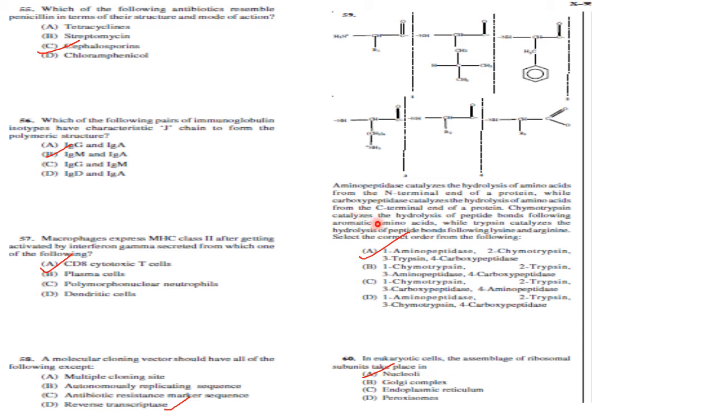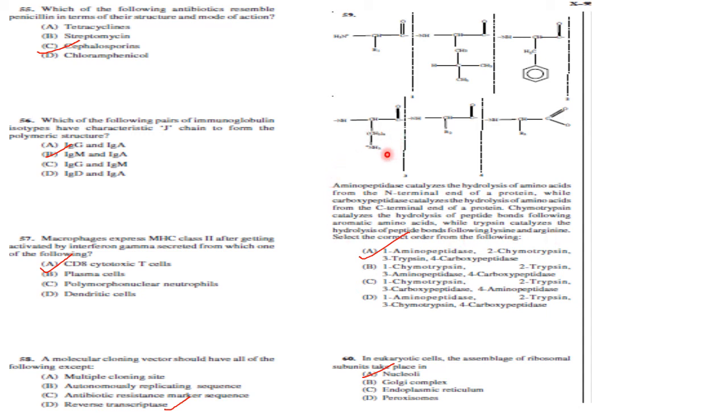Then chymotrypsin catalyzes the hydrolysis of peptide bond following aromatic amino acid. So this is an aromatic amino acid. So the chymotrypsin, it will cleave over here. So 2 is chymotrypsin. And then trypsin catalyzes the hydrolysis of peptide bonds following lysine and arginine.